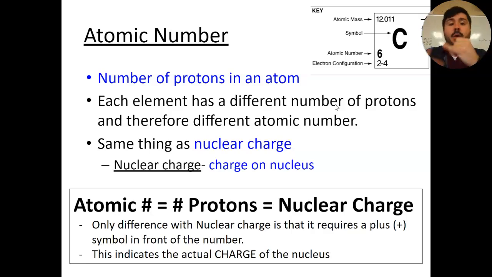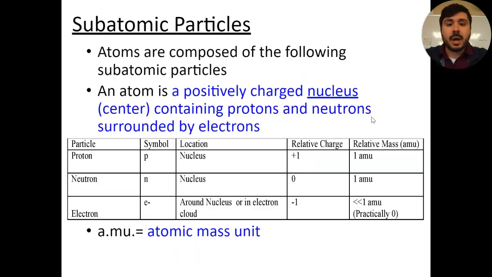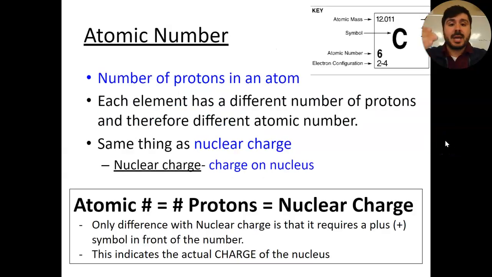Now, not only does your atomic number give you your number of protons, it also gives you your nuclear charge. This is where this idea of charge comes into play that we saw in the previous slide, right? Again, if protons have a relative charge of +1, and I've got some atom that has 10 protons in it, well, 10 times +1 is an overall nuclear charge of +10, okay?